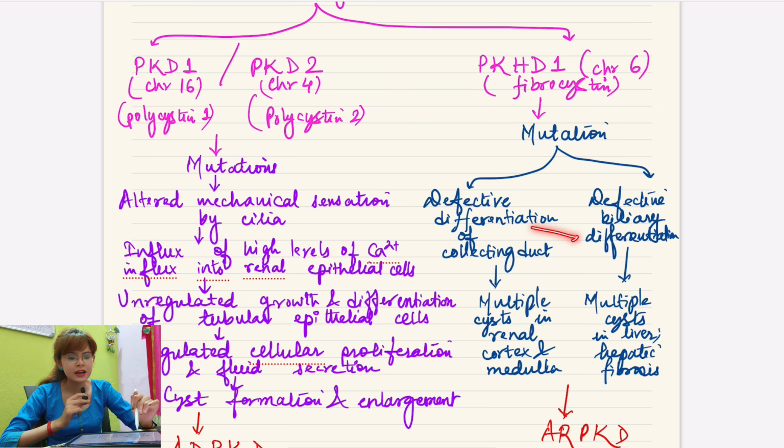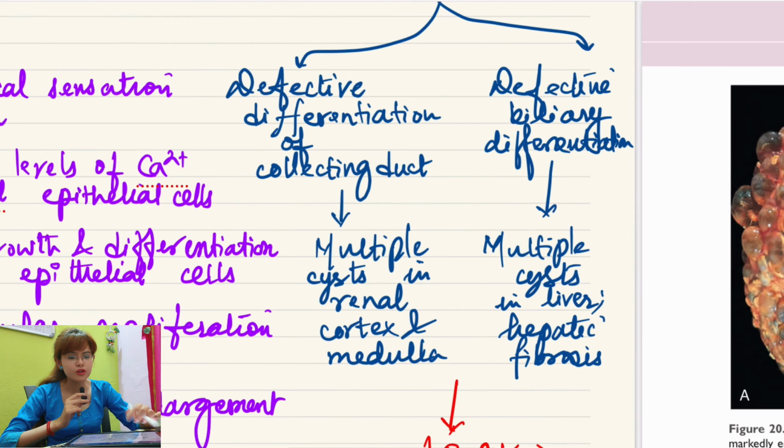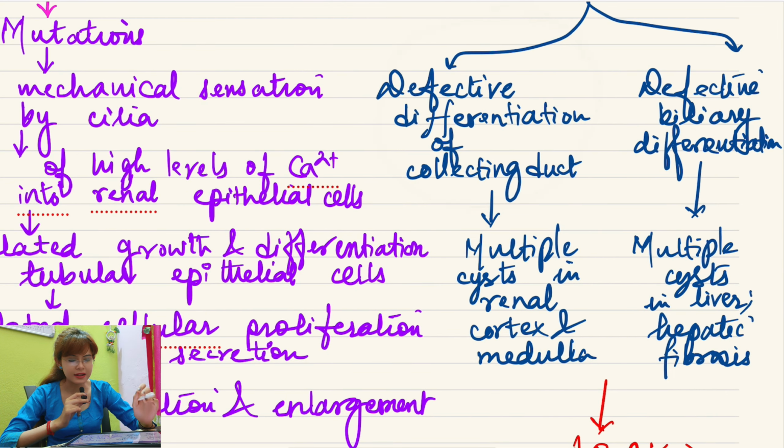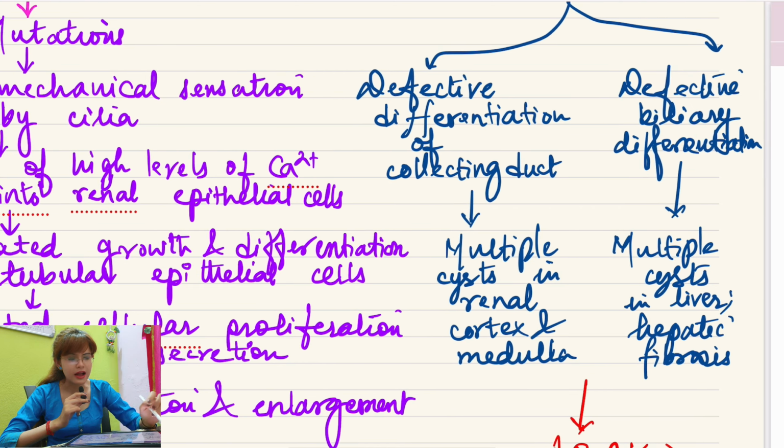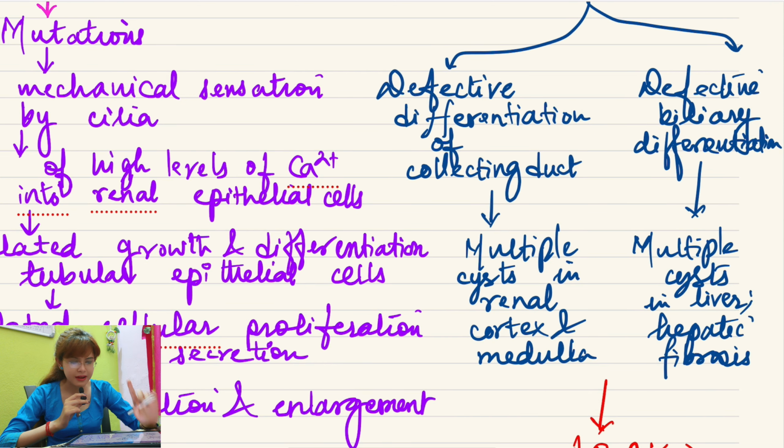Number one is the differentiation of the collecting duct, and number two is biliary differentiation. Once there is a mutation, there is going to be defective differentiation of the collecting duct, which will lead to multiple cysts in the renal cortex and medulla. And because of the defect in biliary differentiation, multiple cysts will occur in the liver as well, which will cause hepatic fibrosis later on.